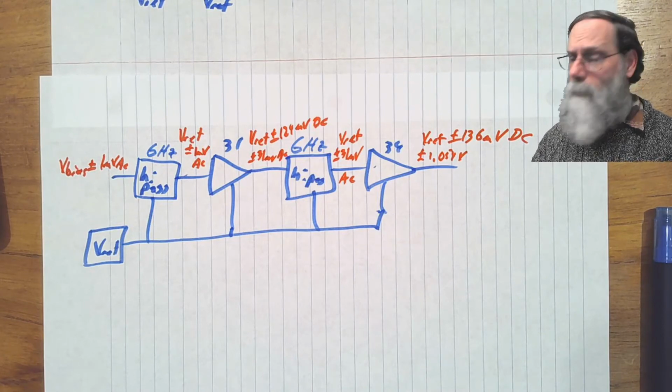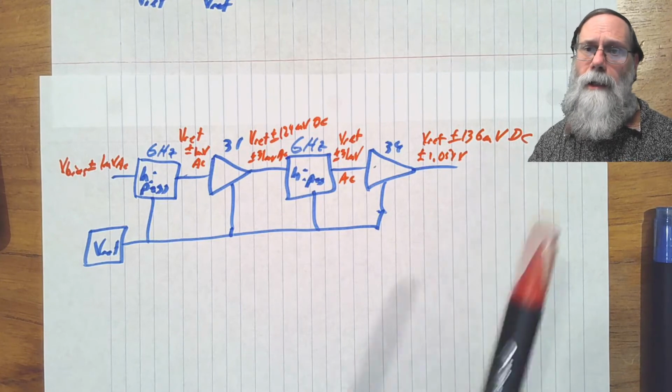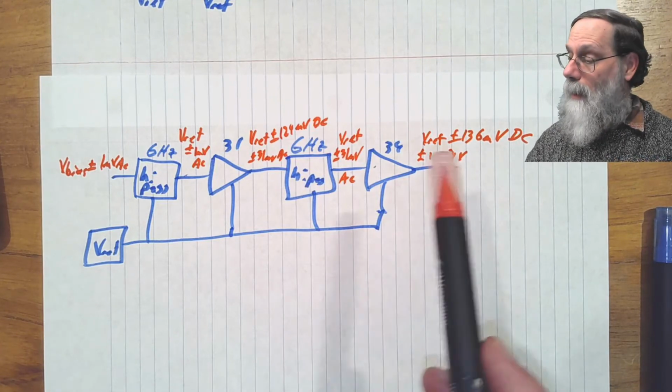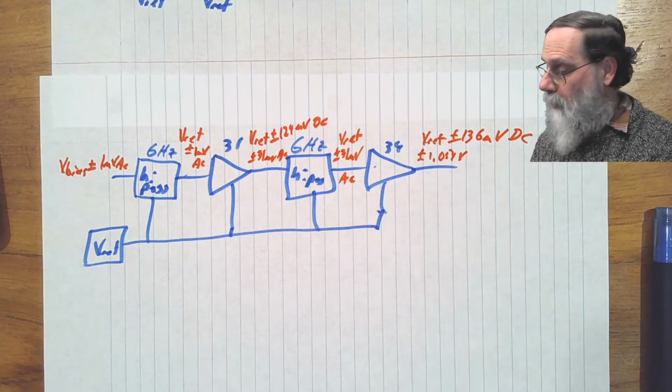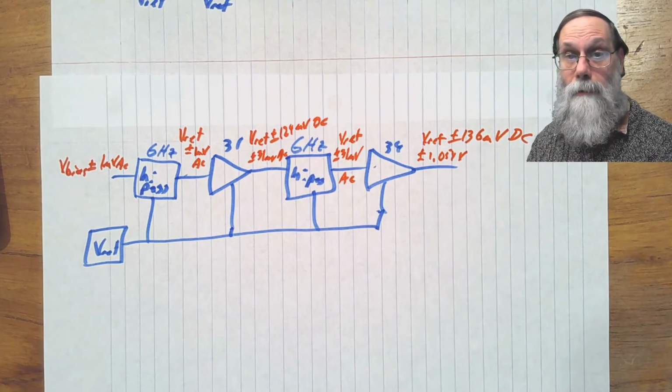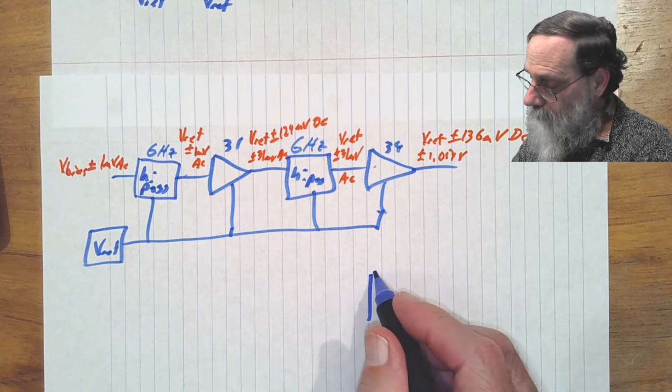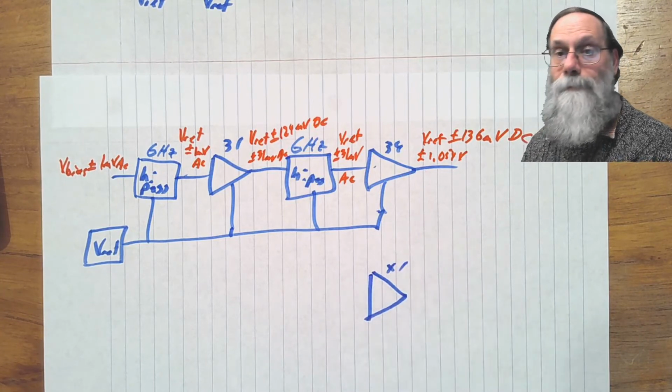What if it's not? What if we're saying we really do not want to have any, or as little as we can get away with, DC offset? Well, one possibility is to go to a stage where the final stage has a gain of 1.